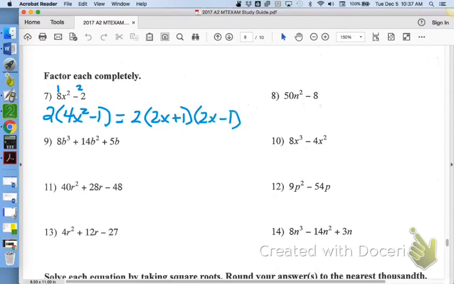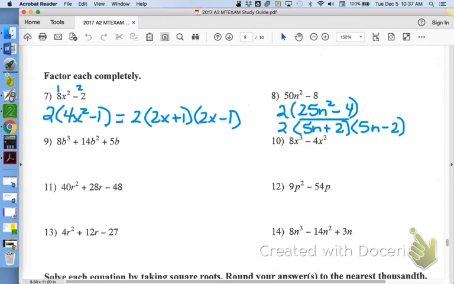GCF again, let's see, is it a 4? 2? It's a 2. So we get 25n squared minus 4, and voila, the difference between 2 perfect squares. 5n plus 2, 5n minus 2. Keep the 2 in your answer.